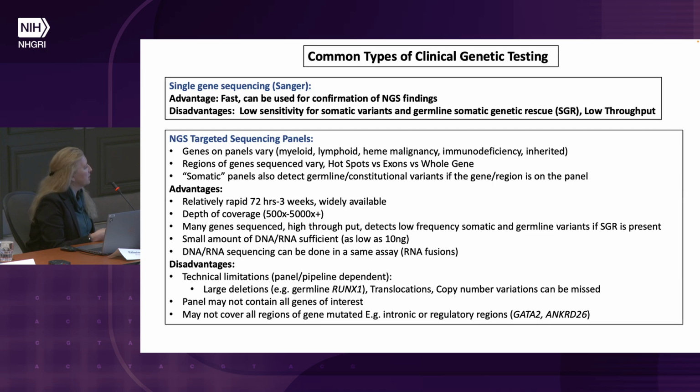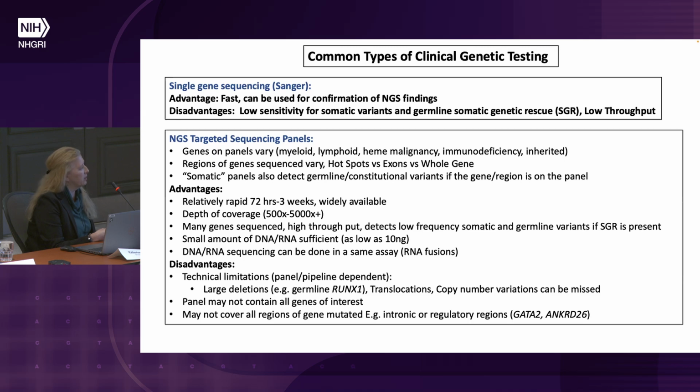The advantages are that the testing is rapid. It can be 72 hours to 3 weeks, largely depending on whether the lab batches samples. The depth of coverage can be very deep, up to 5,000 or more. Many genes are sequenced, it's high throughput, and a small amount of DNA or RNA is sufficient.